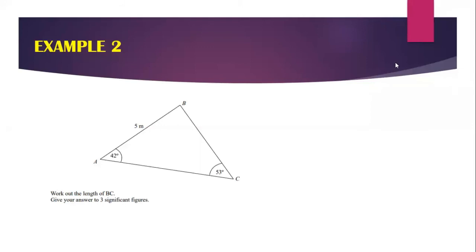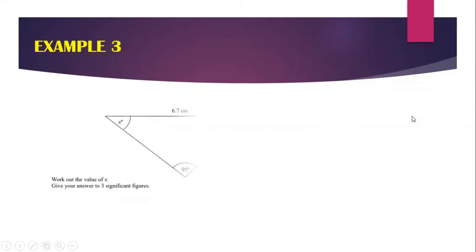Okay, next we go to the next example, example 3. What about this one? Students, by using the sine rule formula, x degree is opposite to 5.4 centimeter, and 95 degrees is with respect to 6.7 centimeter, right?